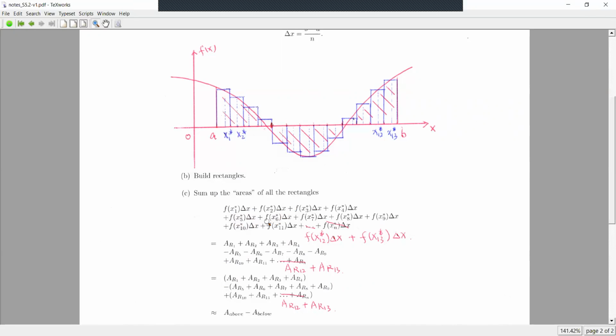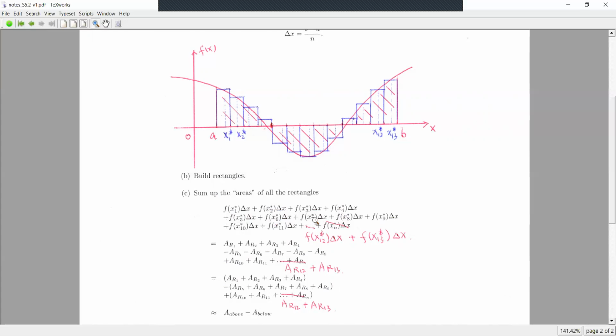Similarly, the function value at x6 star is negative. So this product is a negative number. But the area of the sixth rectangle is positive. Area is always positive. So this product actually is equal to -1 times the area of this rectangle.